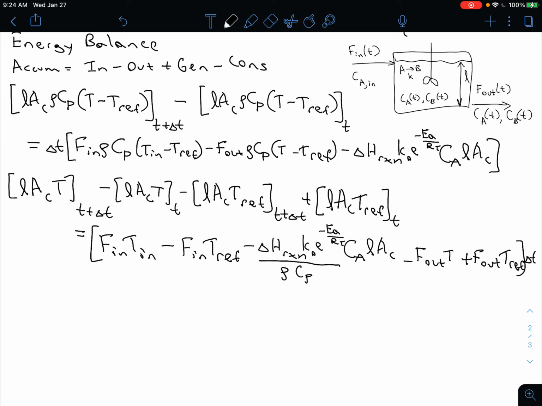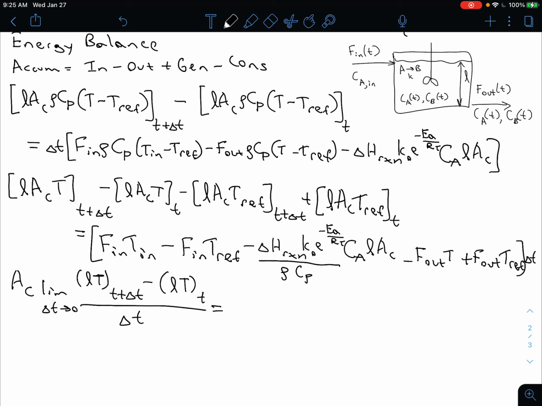Okay, so doing a little more factoring and collecting, I have A_c times L T at t plus delta t. Remember, A_c is also constant. It's the cross-sectional area of the tank, minus L T at time t. I'm going to divide through by delta t here, and take the limit as delta t goes to 0.